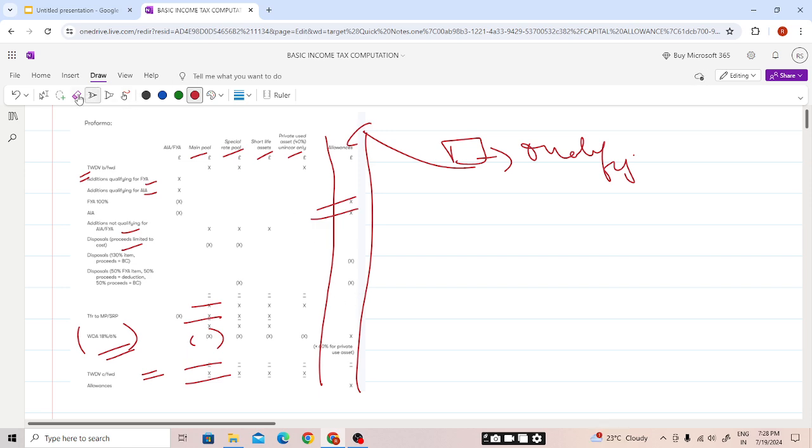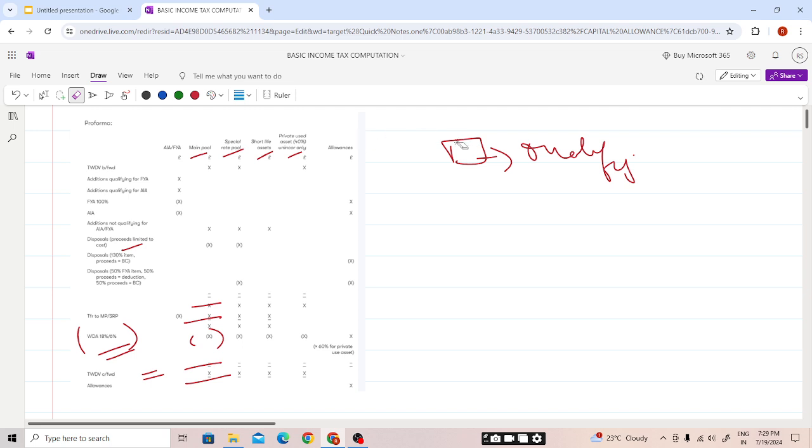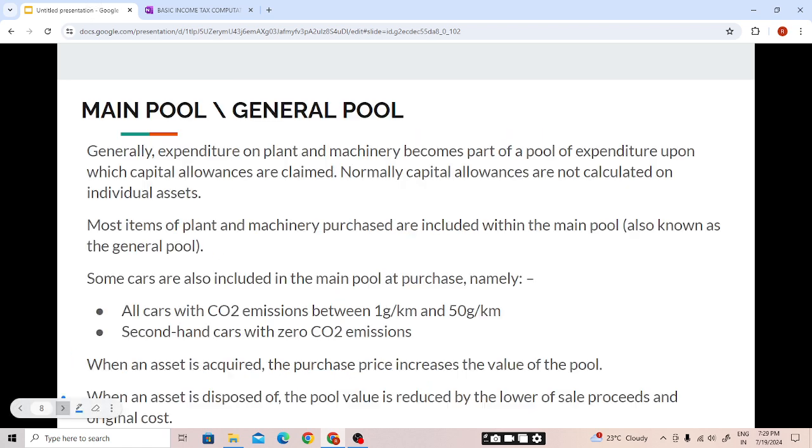Students, we have already seen that the three types of allowances which are available are AIA, FIA and WDA. So students, as we have seen, there are four types of pool. First, we had covered the main pool. Generally, expenditure on plant and machinery becomes part of the pool of the expenditure on which capital allowance are claimed.